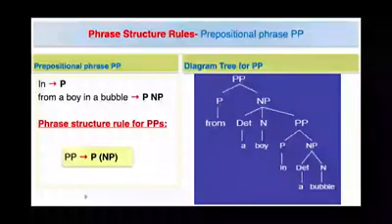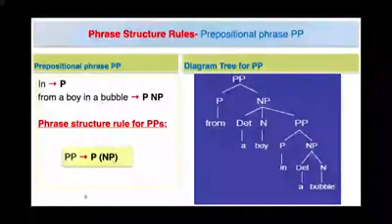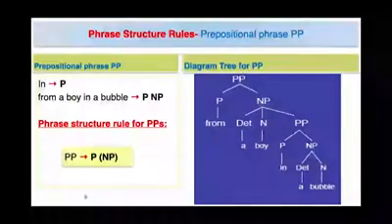prepositional phrase. Now, what kind of rule can we get from that? The general rule for prepositional phrases is that a prepositional phrase should consist of an obligatory head, which is the preposition, and an NP.